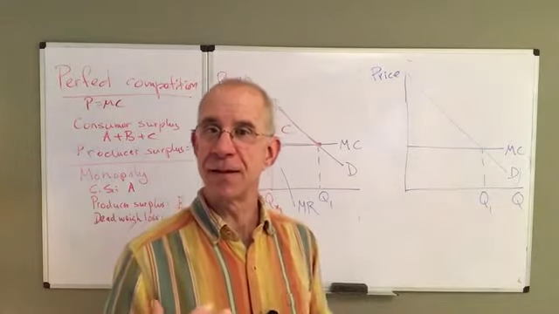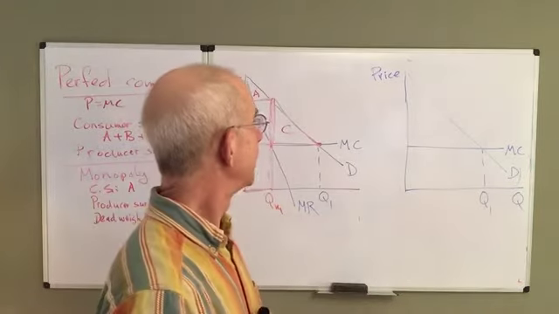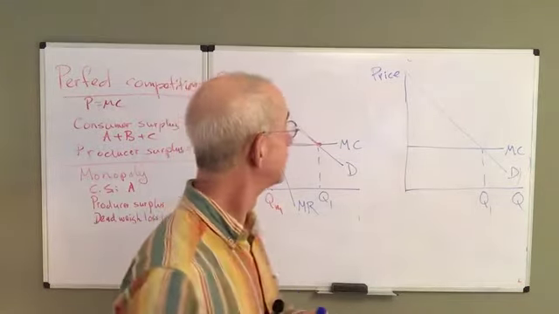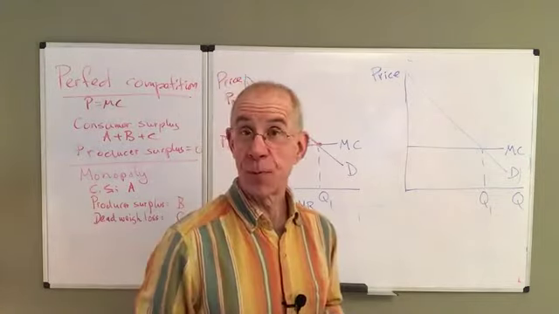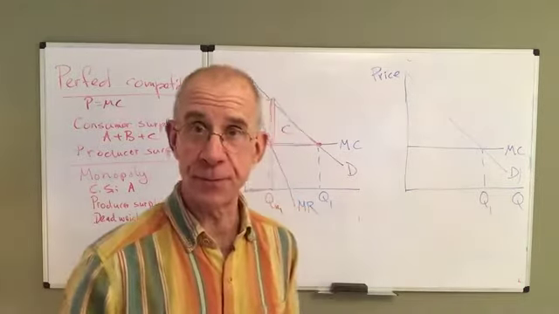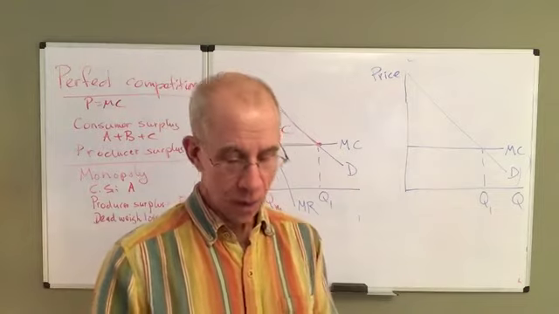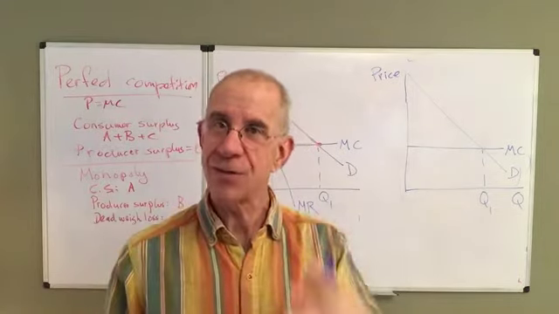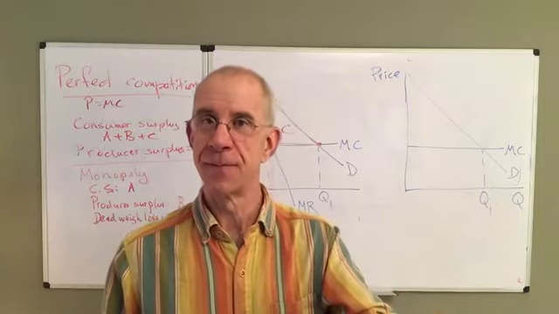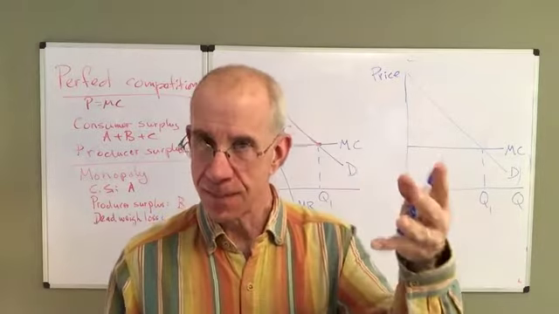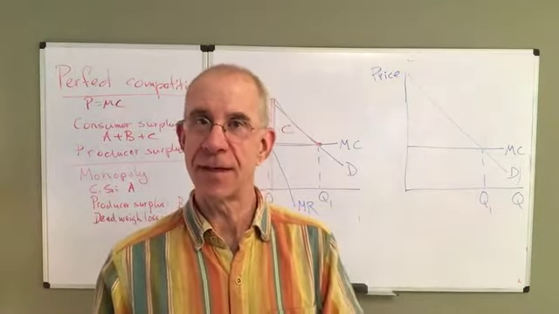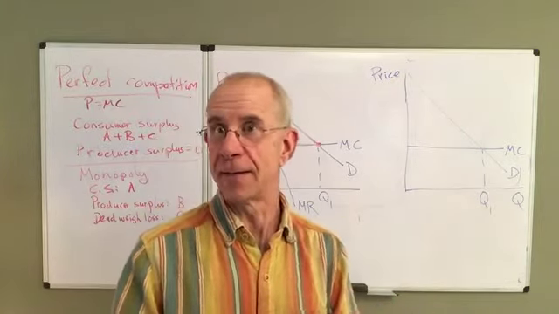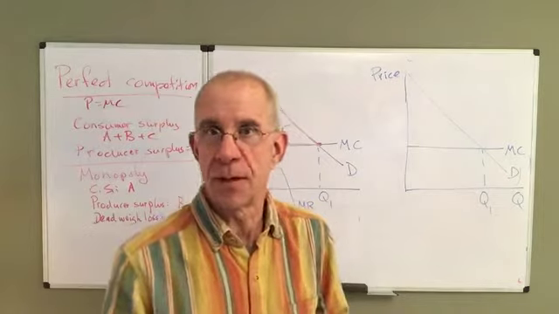But let's bring in this idea of first degree price discrimination. Remember, the monopolist, in the standard story, has to charge the same price to everybody. Because they charge the same price, they have to take into account in their marginal revenue calculations the fact that they're going to have to charge the same price to everybody.